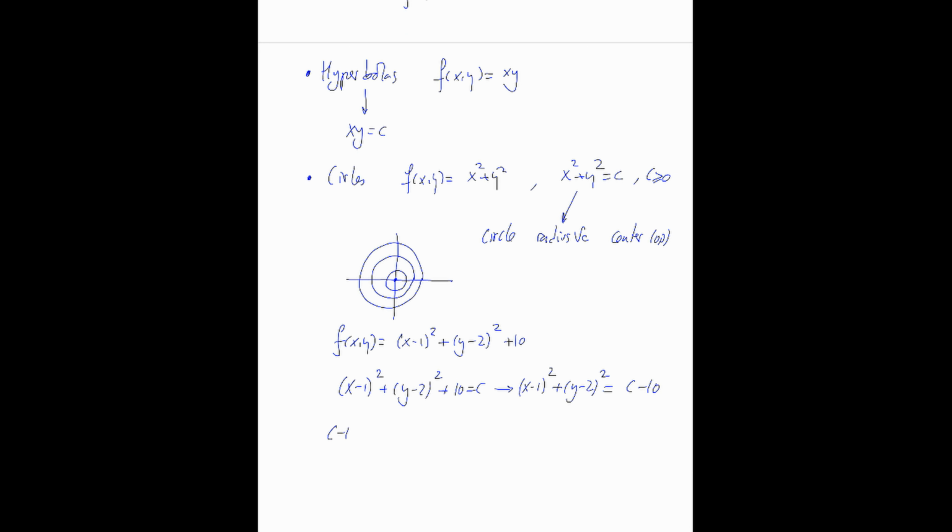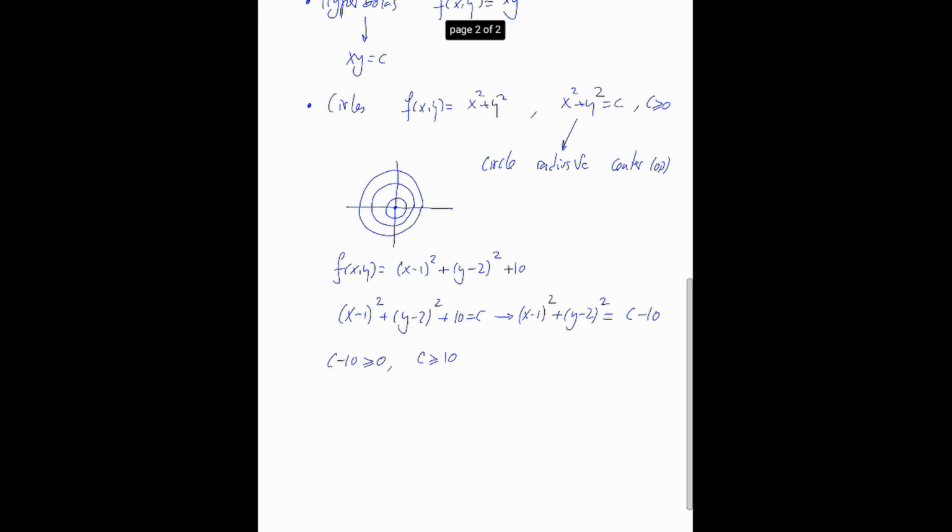So c minus 10 should be non-negative here, or c greater than or equal to 10. And there will be the circle of center (1, 2) and radius square root of c minus 10. Remember, we're assuming c is greater than 10, so this is a non-negative number.